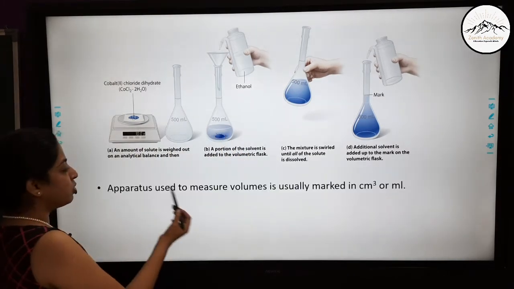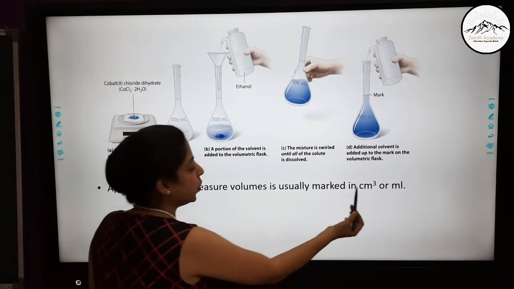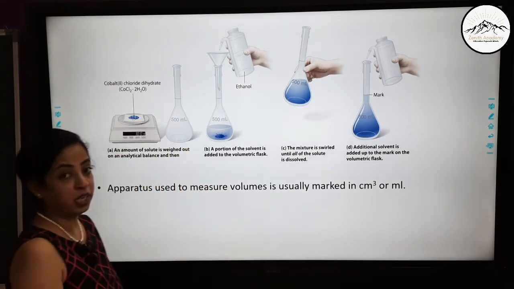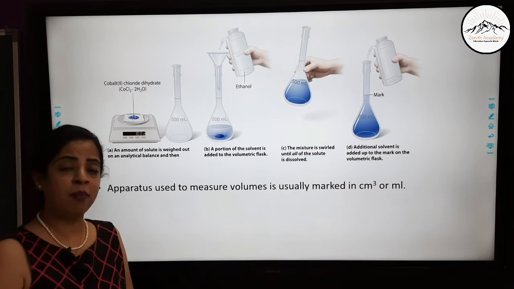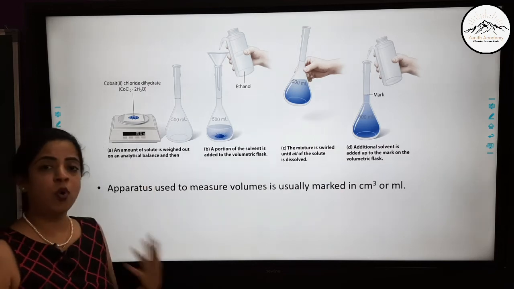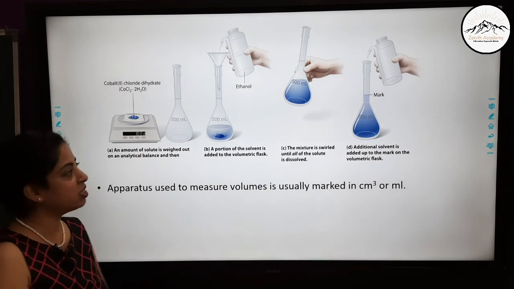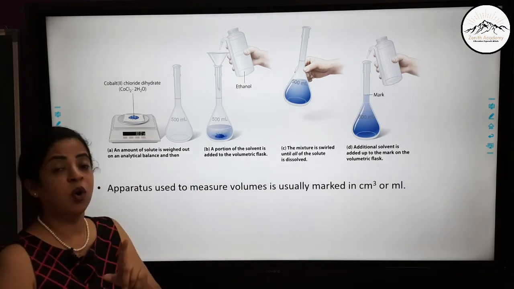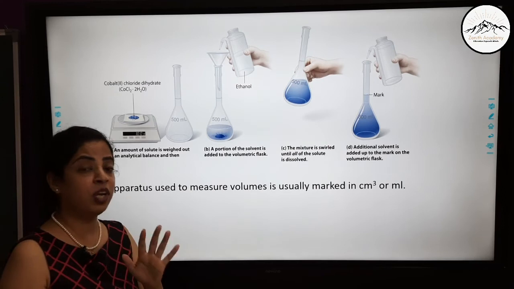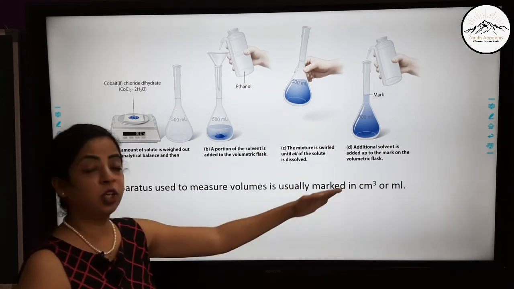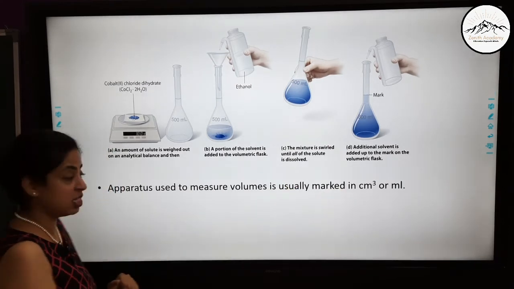The apparatus used to measure volumes is usually marked in centimeter cube or milliliter. If you go to your lab and see the apparatus, most of it will be marked in milliliter or liter. Milliliter is equal to centimeter cube, but for our calculations we need decimeter cube.